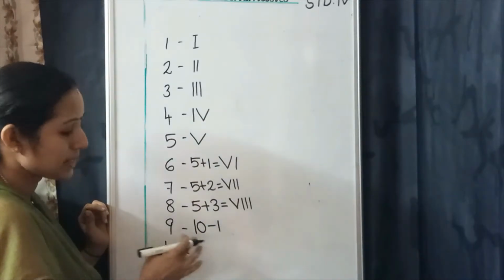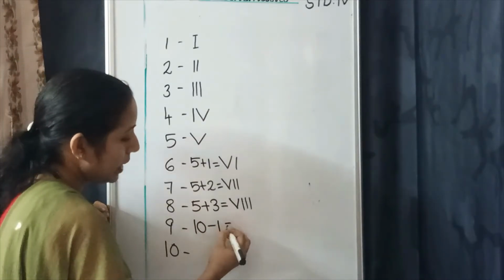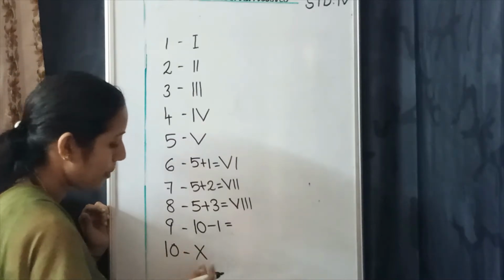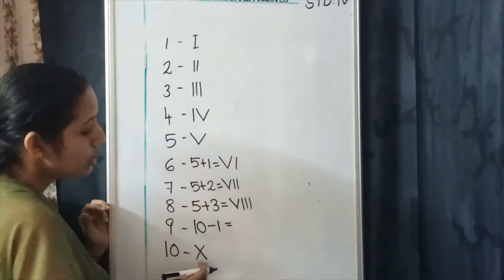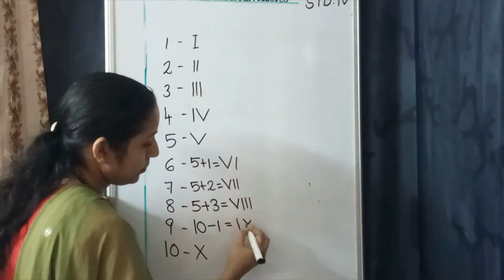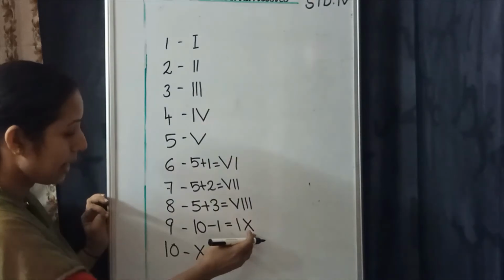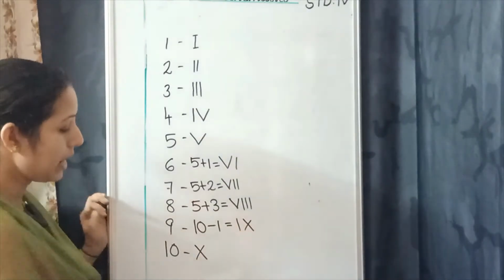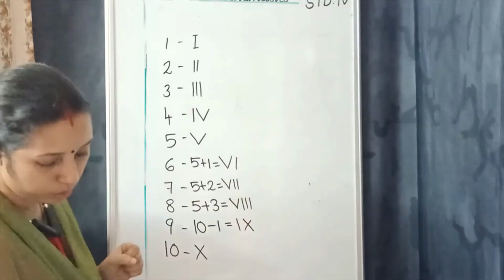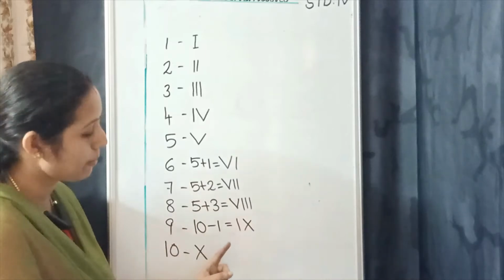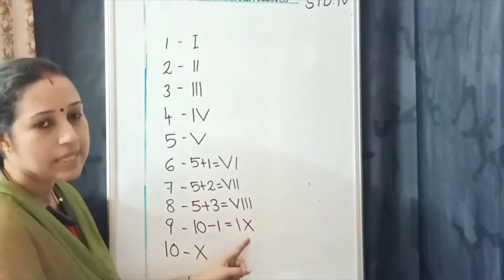To write 9, they use 10 minus 1. 9 is 10 minus 1. 10 is represented by the symbol X. So they use I before X. To represent 9 they use I, X. That is the third rule: a symbol placed before a symbol of greater value should be subtracted.